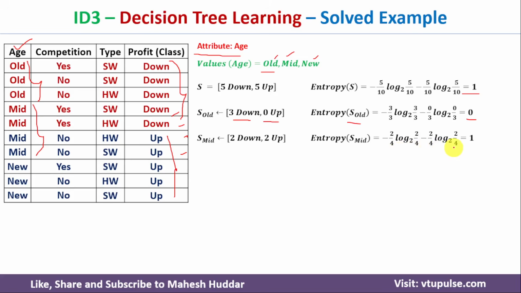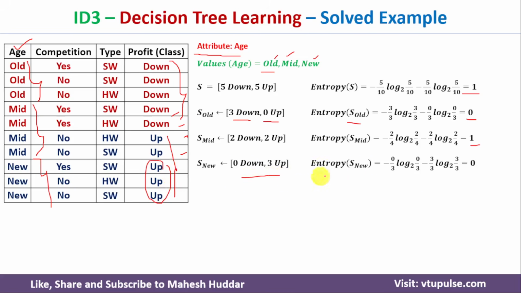Once you solve this, we get the entropy of S mid equal to 1. Similarly, we consider the next attribute value, new. In this case, we have 3 examples, and all belong to up. So 0 down, 3 up. So we get the entropy of S new equal to 0.